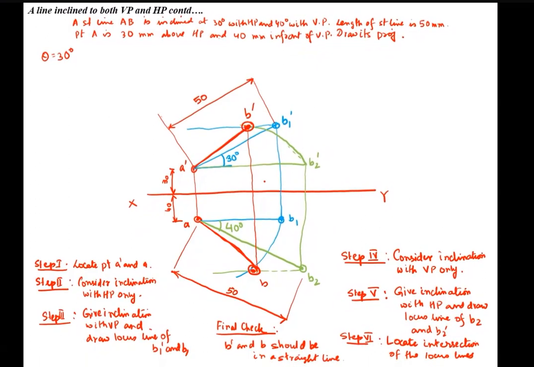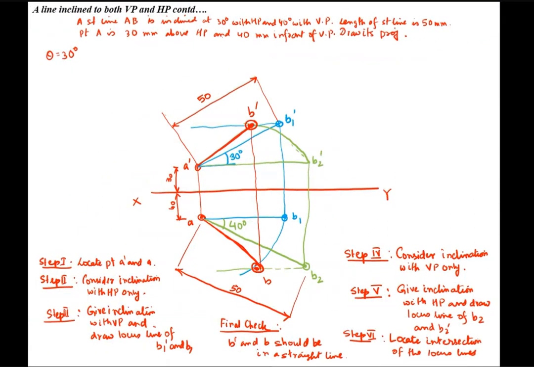Now you tell me which one will be dark and which one will be light. Sir, A dash, B dash, and AB will be dark. Sir, and the 30 and 40 will be dark. Now here, let me mention one more thing: phi is equal to 40 degree. Now what is my apparent inclination? This is alpha, and this is beta.